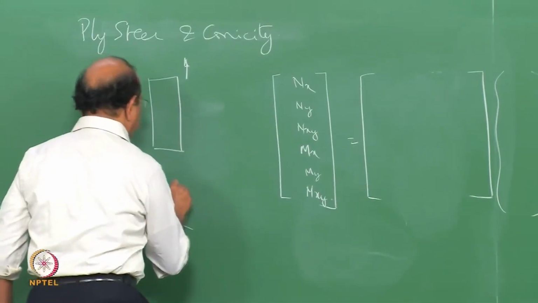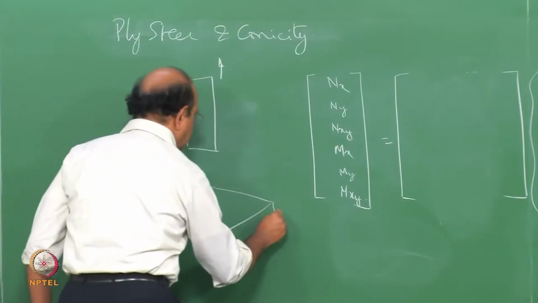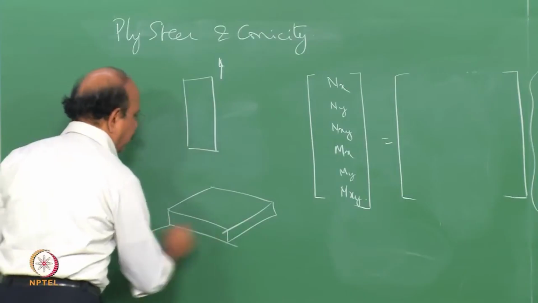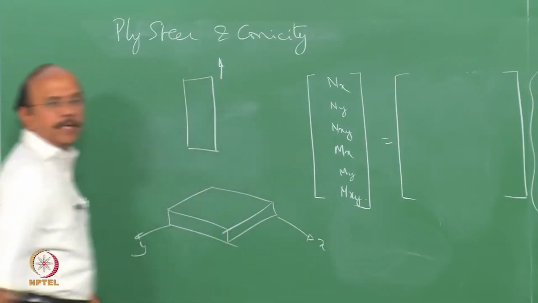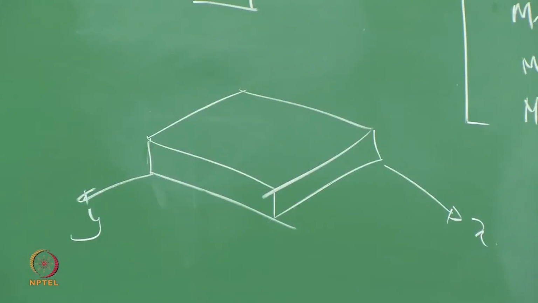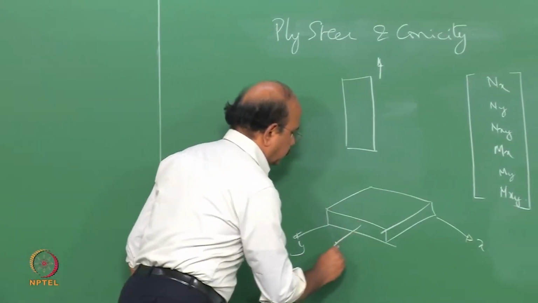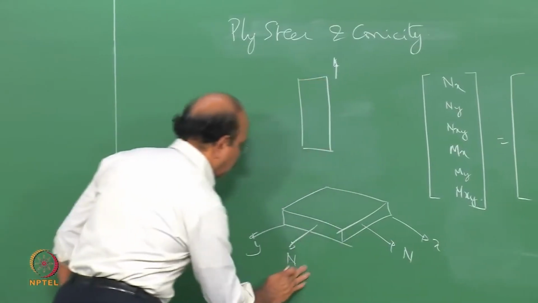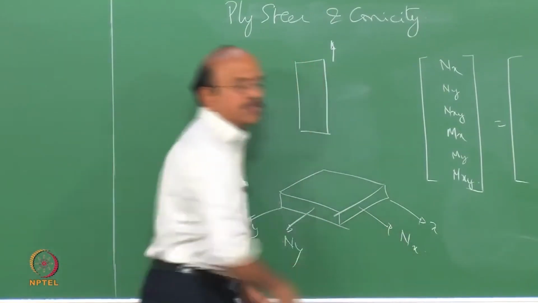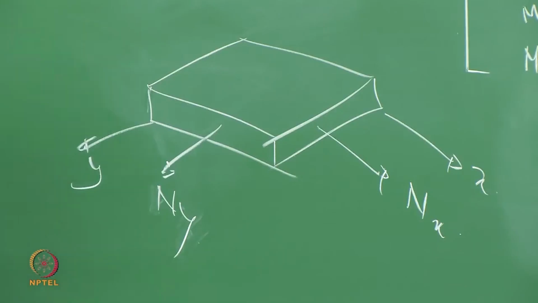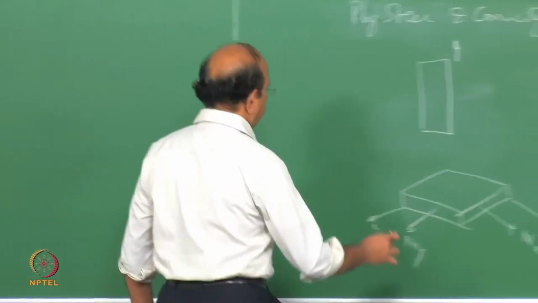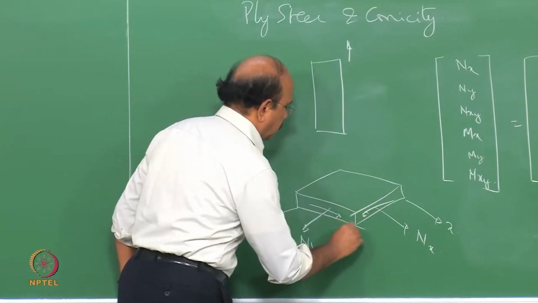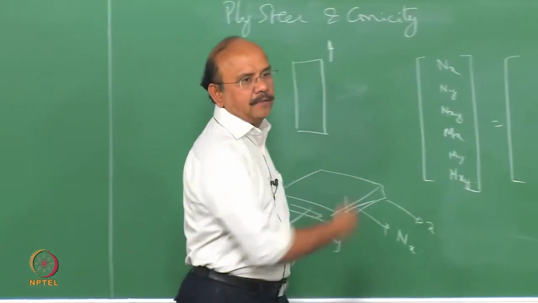If I have a laminate like this, give a small thickness to it, say 2h, and let's say that is the y direction and that's the x direction, and the force happening here in this plane is nx, the force that's happening here is ny, and nxy is this, and nxy, nyx, and so on.